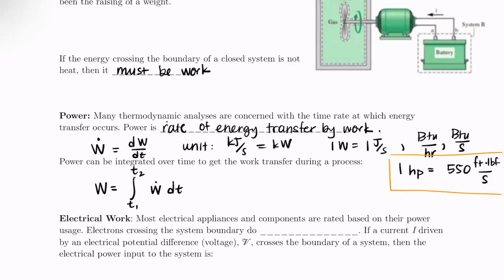Most electrical appliances and components are rated based on their power usage. So we should talk about electrical work. Electrons crossing the system boundary do electrical work.